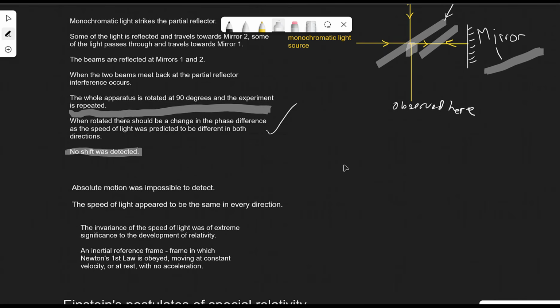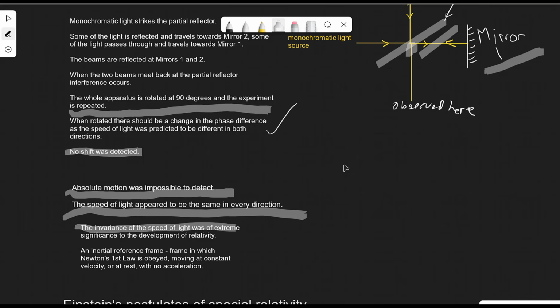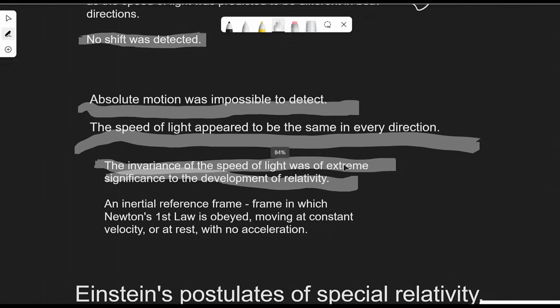In fact, absolute motion seemed to be impossible to detect, which was very, very hard to explain. The speed of light appeared to be exactly the same in every direction. And this invariance of the speed of light was of extreme significance to the development of special relativity.